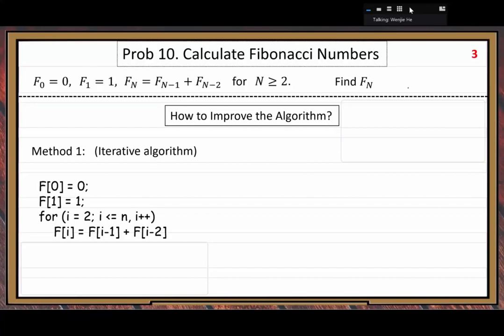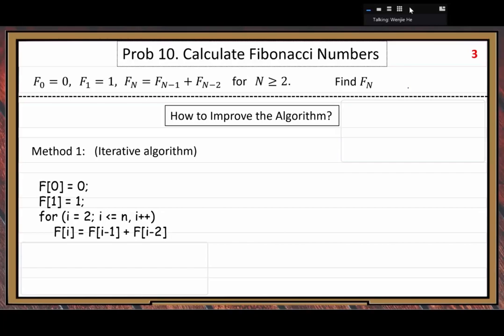Because every time you calculate the current Fibonacci number, f of i, you use the previous two old values, and those two values are already available, because you calculated them before. So this method we call the bottom-up method.